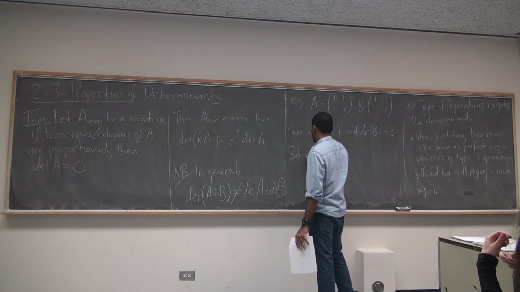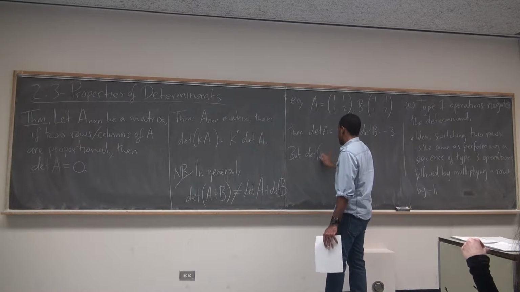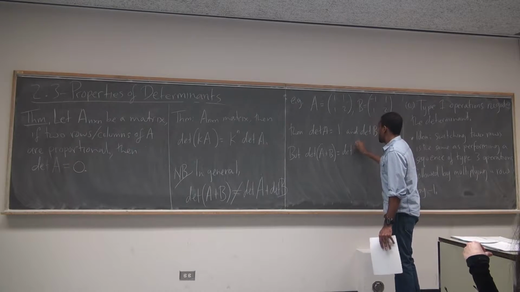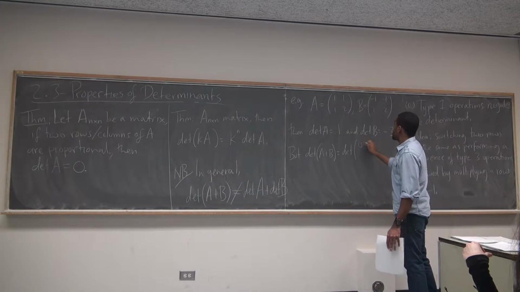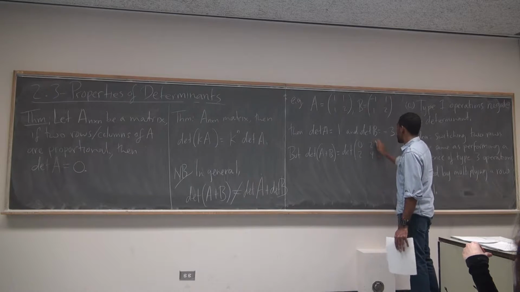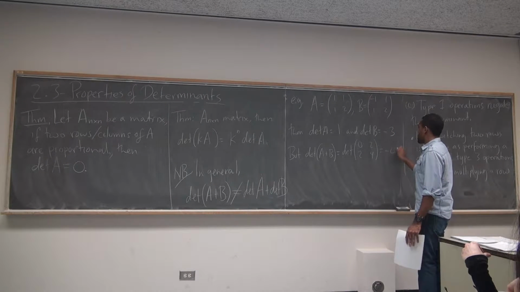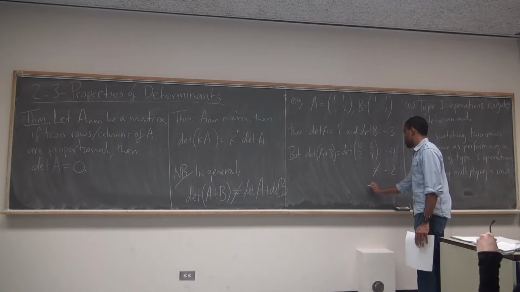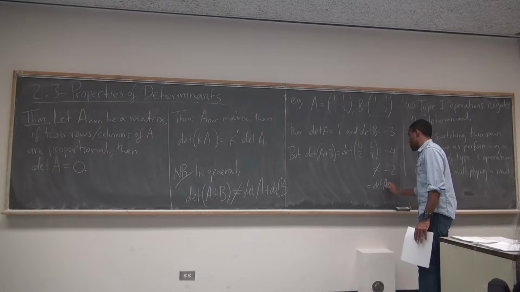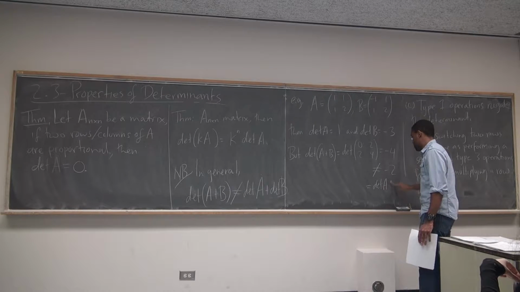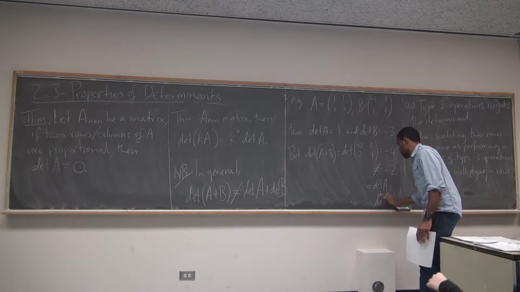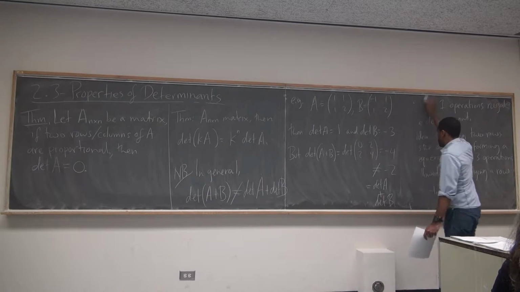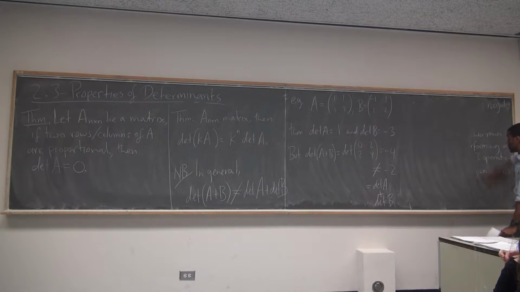But the determinant of A plus B is the determinant of [0, 2; 2, 4], which is minus 4, which is not the same as minus 2, which is what the determinant of A plus the determinant of B is. So watch out for that. Determinants do not respect addition.